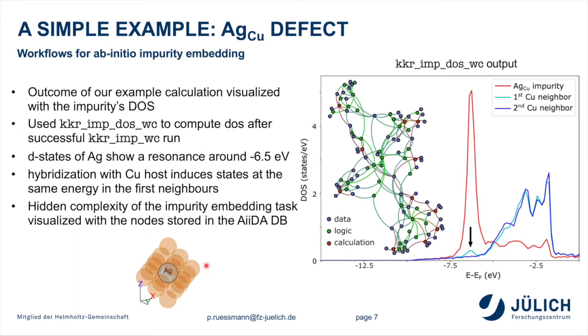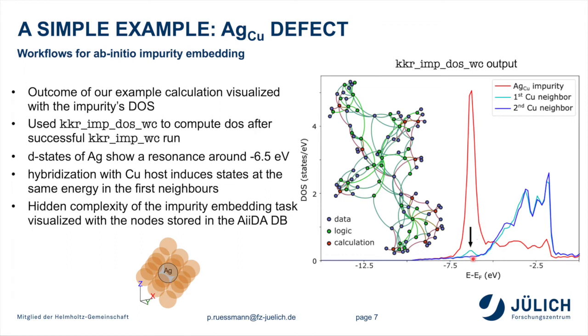So how does such a result of a calculation look like? To visualize this, I did an additional step after the self-consistency of the impurity. I used the KKR imp DOS workchain to compute the density of states of this impurity system, and this you can see here on the right. The red line is the density of states of the silver impurity, where you see here a resonance in its density of states coming from the D states of silver.